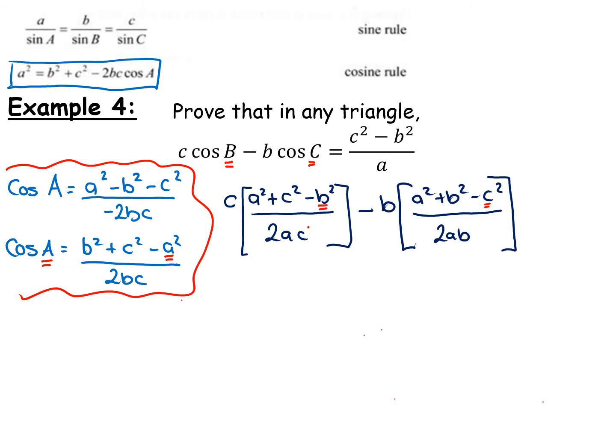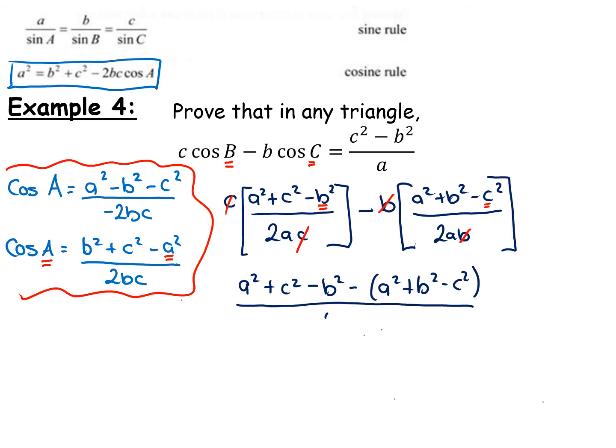First thing I'm going to do, my C's cancel here and my B's cancel here, so I'm left over 2A for both of them, and that means I effectively have a common denominator. So I'm going to combine, and I get A squared plus C squared minus B squared minus A squared plus B squared minus C squared all over 2A.